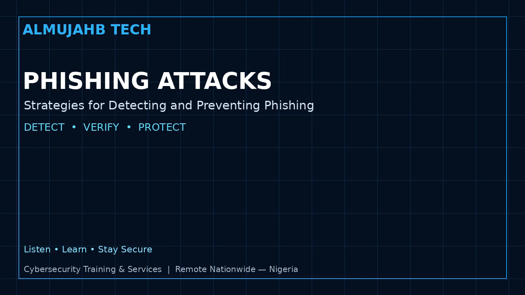In today's lesson, we are going to discuss the detection and prevention of phishing attacks. Now that we know what a phishing attack is and the types of phishing attack, how are you going to detect that this is a phishing attack and how are you going to prevent it?